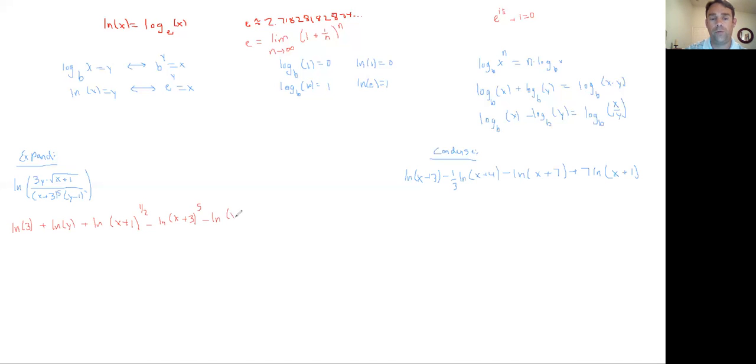So we separate everything out. And then anything that has an exponent left over, we bring it to the front. So that means the 1/2 is going to come out in front.